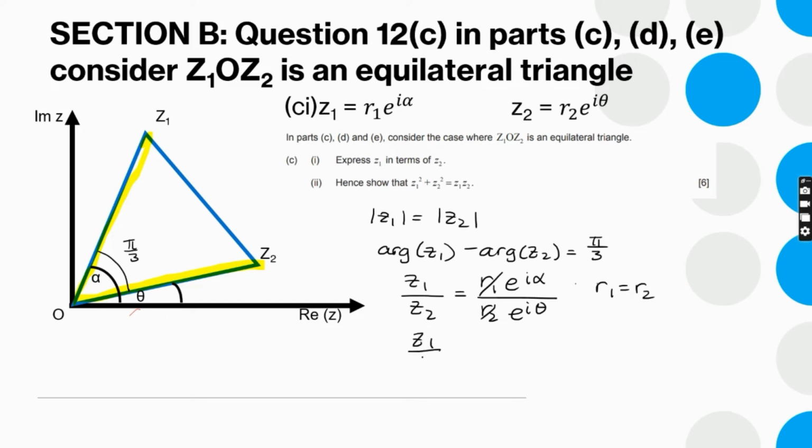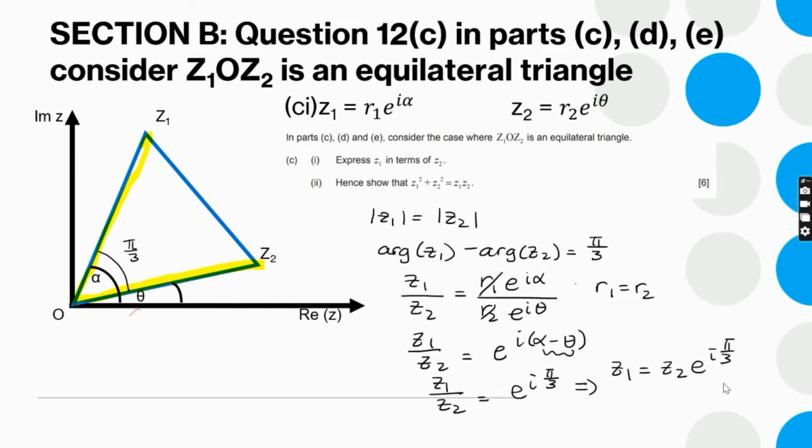So Z1 over Z2 gives you e^(i(alpha minus theta)). And alpha minus theta, what would this give you? This would be pi over 3. So Z1 over Z2 is equal to e^(i pi/3), 60 degrees. Hence, Z1 is equal to Z2 e^(i pi/3). Hence, that's how we express Z1 in terms of Z2.